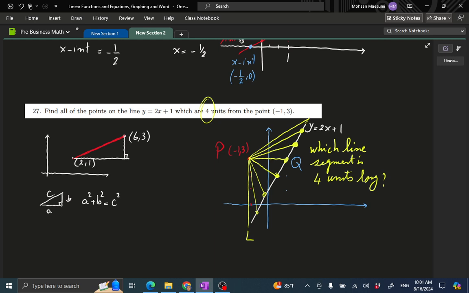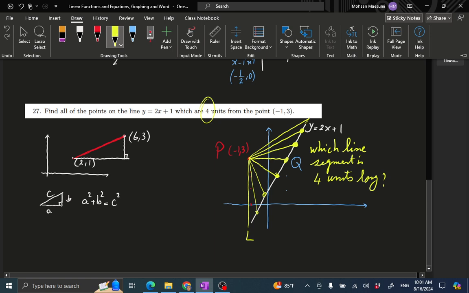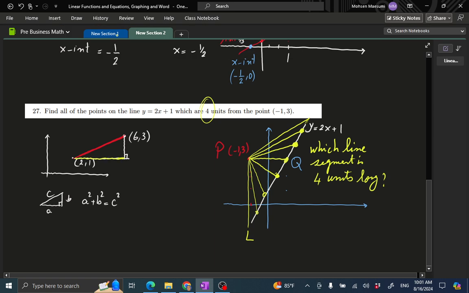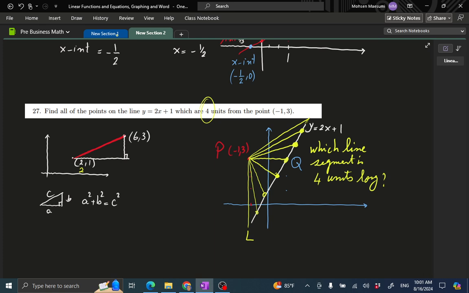So, well, how do I find the legs of my triangle here? Very easy. Say, well, how long is this one? Well, you're going from x coordinate 2 to x coordinate 6. So the distance of these two is 4. And how about going vertical?